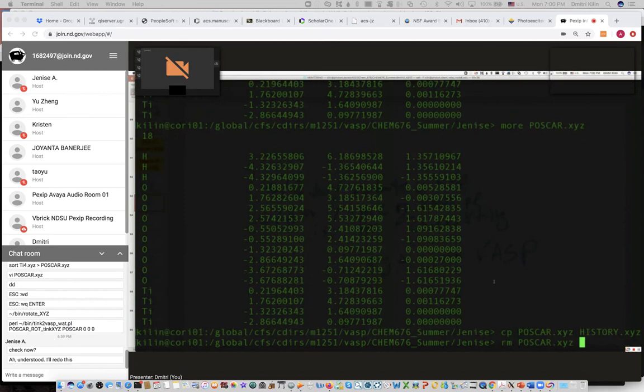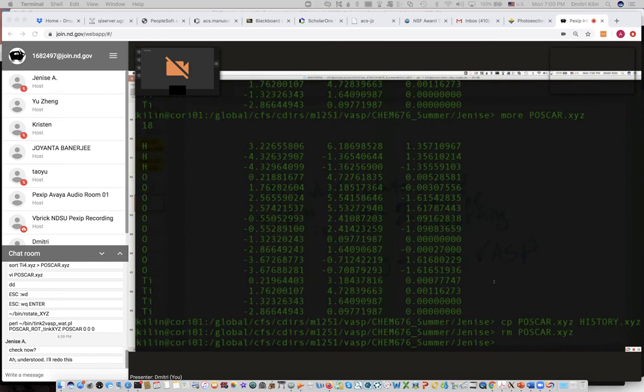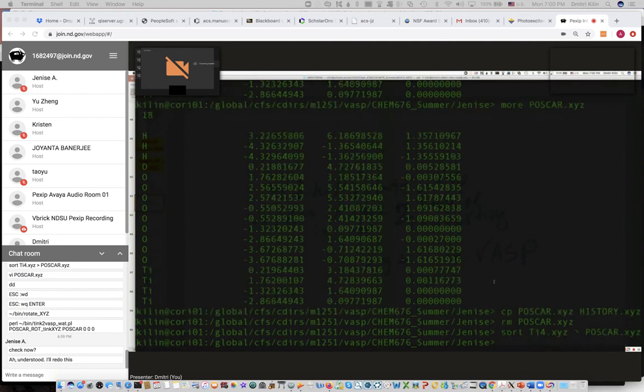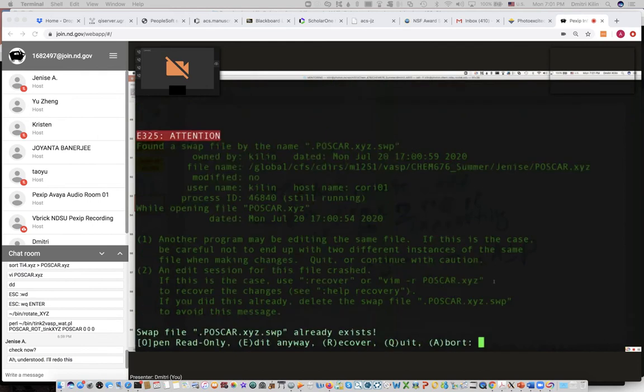So your file, just in case, is stored. Sort titanium 4.xyz into postcard.xyz, and I will do it myself now. So postcard.xyz. Oh, maybe you already know. Then I will exit.